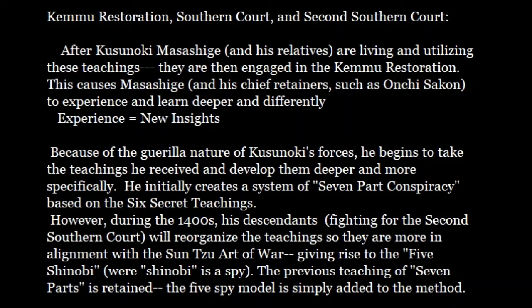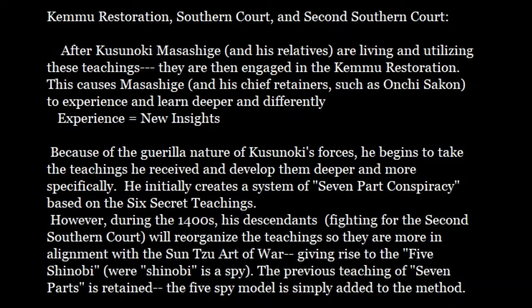However, during the 1400s, so now we're past Masashige's life, Masashige's descendants, who are now fighting for the Second Southern Court, reorganize the teachings in a way that is more in alignment with what they're thinking at the time, which is more utilizing of Sun Tzu's Art of War.